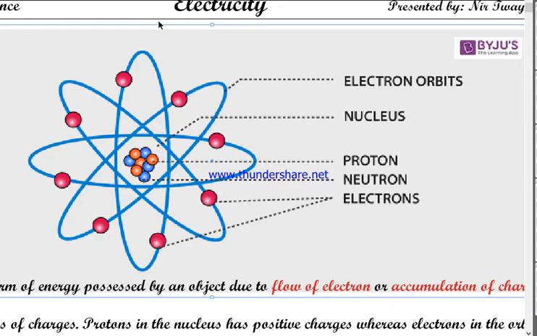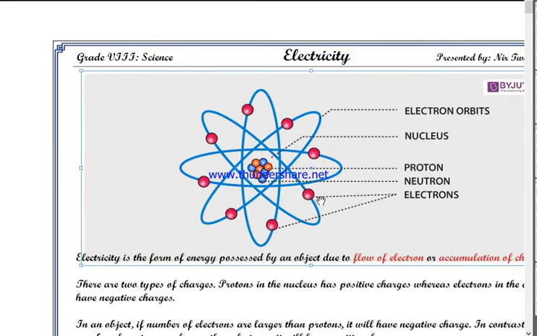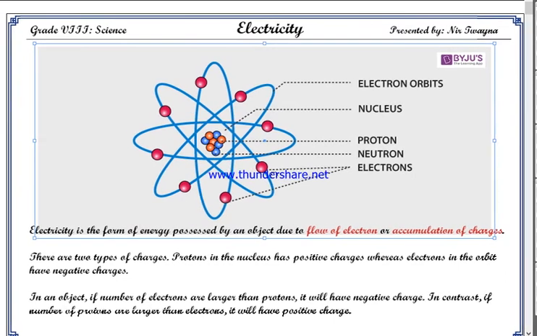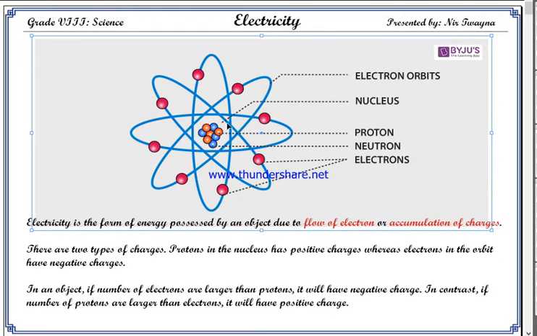So naturally an atom is chargeless, electrically neutral. An atom is electrically neutral because an atom naturally has an equal number of protons and electrons. As I have already told you, positive charge cancels out negative charge.